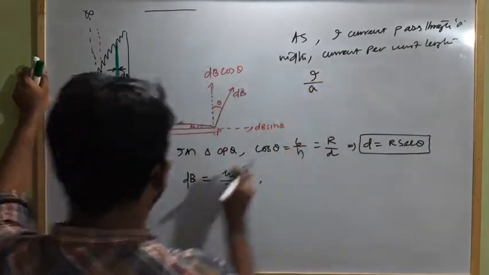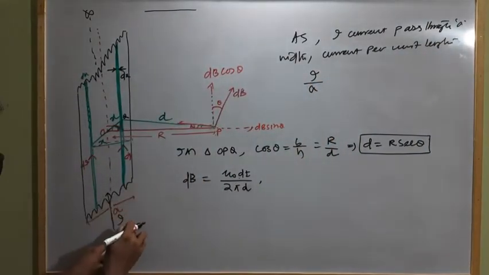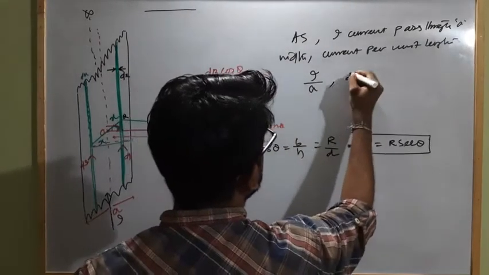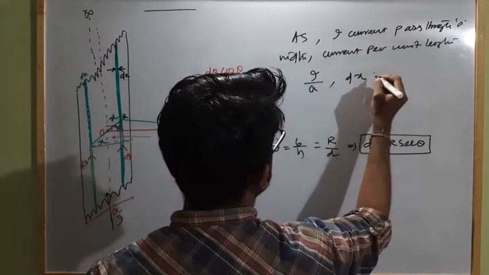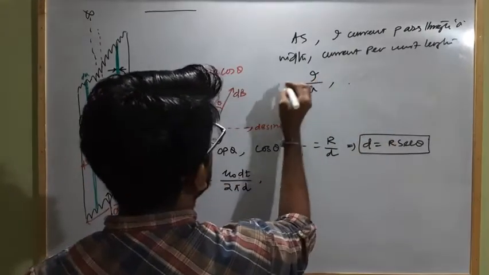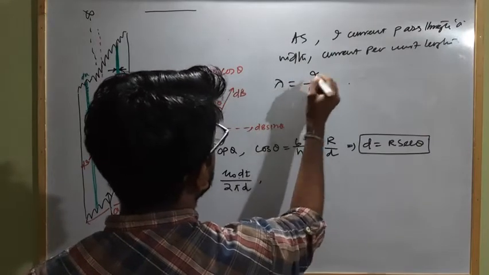I by a. In a width a, current I is passing. So per unit length, I by a current will be passing. So for dx length, okay, per unit length, let lambda be I by a.